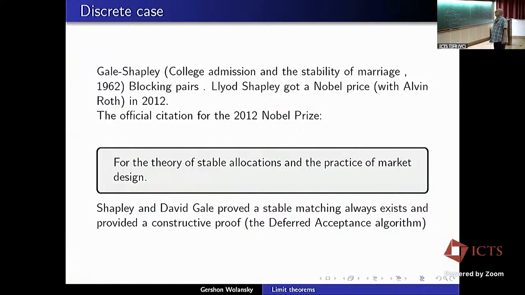And so they proved the existence. What I described is called the deferred acceptance algorithm by some researchers.